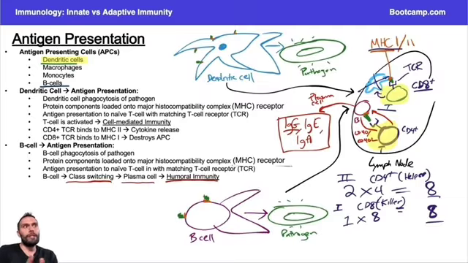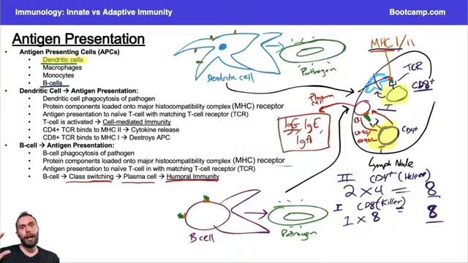Most of your cells should express MHC1. So if a T cell sees that another cell is expressing an antigen on MHC1 that's not supposed to be there, it thinks that that cell is infected. If a virus infects a cell, the T cell will recognize it on MHC1 and it will kill that infected cell. So the cell in some ways is essentially sacrificing itself knowing that it's infected, right?